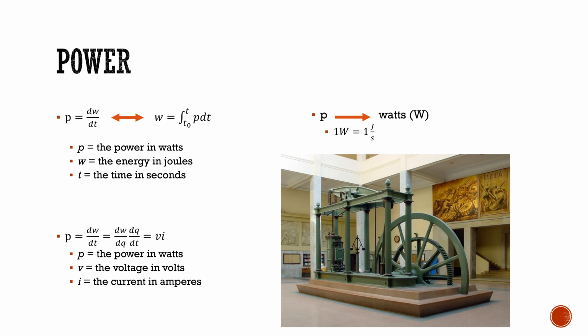Therefore, power is a quantity associated with a circuit element and is the product of the current going through the element and the voltage across the element.